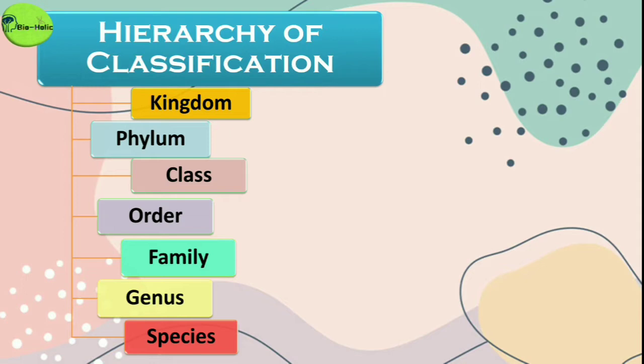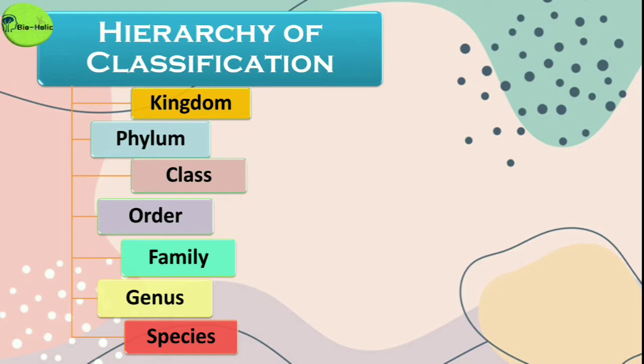The number of similar characters of the categories decreases from the lowest rank, which is the species, to the highest rank, which is kingdom, and the specificity decreases when we go from species to kingdom. That is, the higher the category, the lesser the number of similar characteristics of organisms belonging to that category.